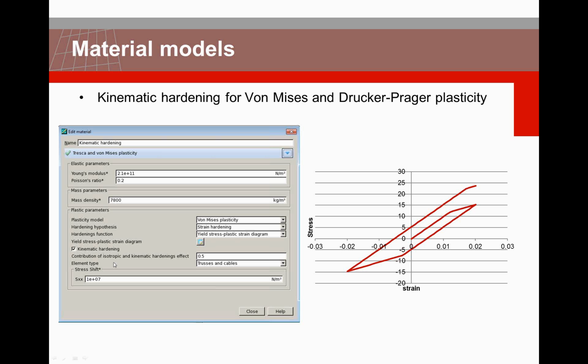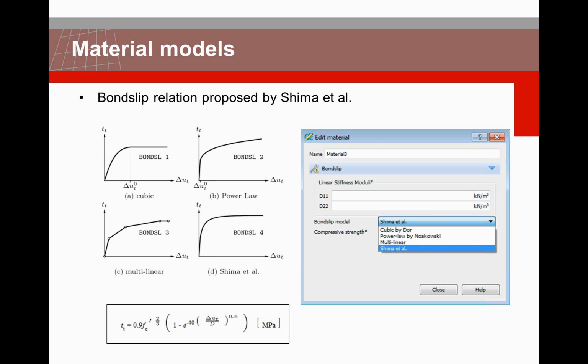So we need to define, depending on the element type, a stress shift. For a truss and cable element, this is only a one-dimensional value, but for a three-dimensional element type, this requires more input.